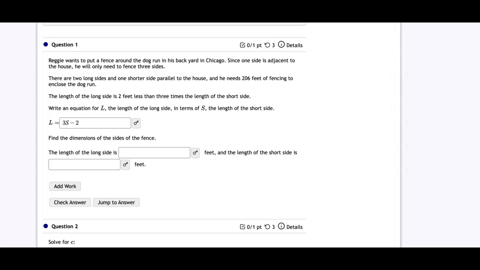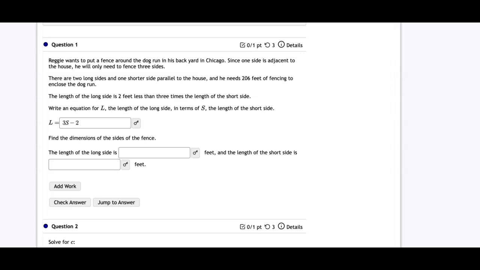Add 4 on both sides, that's 210. 7S equals 210. Divide by 7 on both sides. 21 divided by 7, that's 3. That's 30, right? How did you get 35? All right, okay. Oh, you have to, right? You have to be careful when you calculate, right?